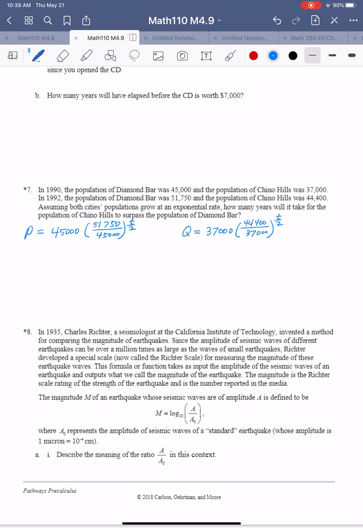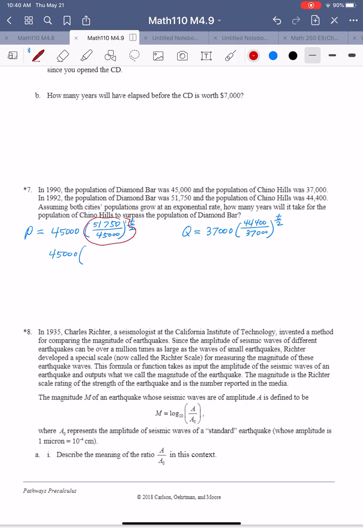So surpass means we need to find the year that the two populations come out the same, right? So I can set up 45,000 times, if I change the whole thing to a decimal, over 1, right?